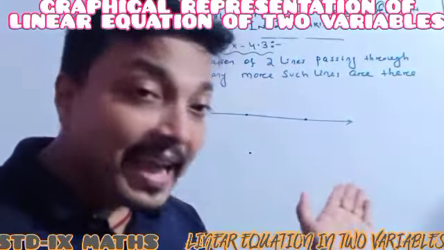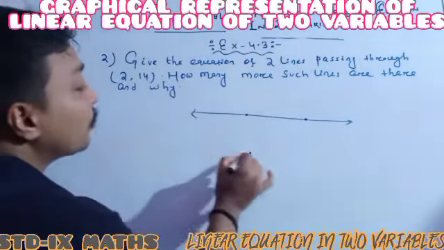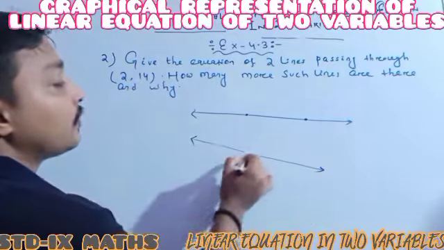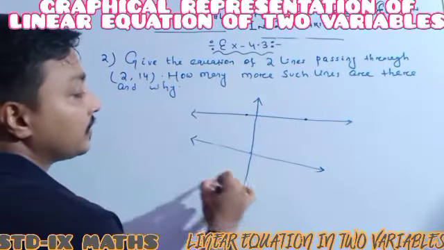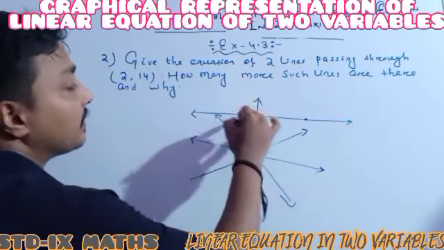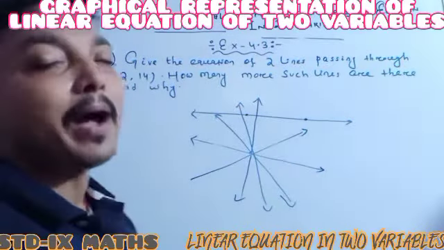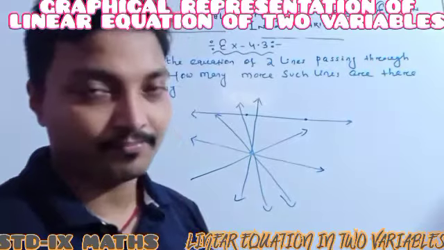How many lines can pass through a point? Listen, this is 1 point, this is 1 line, this is another line, this is another line, this is another line. It means through a single point, infinitely many lines can pass.